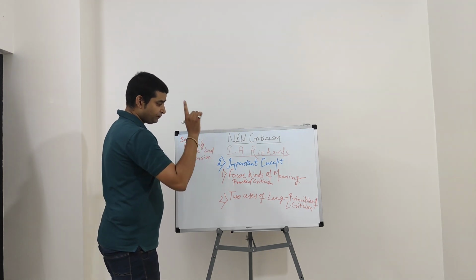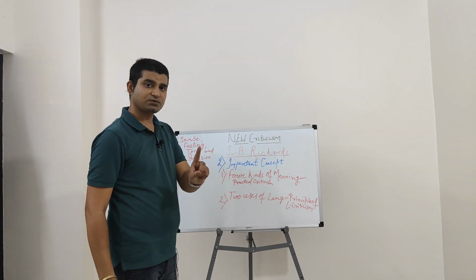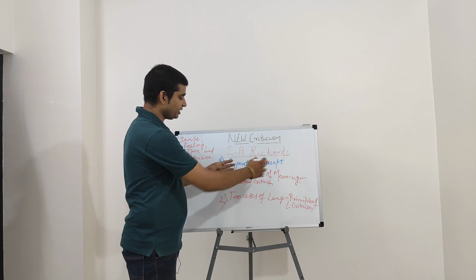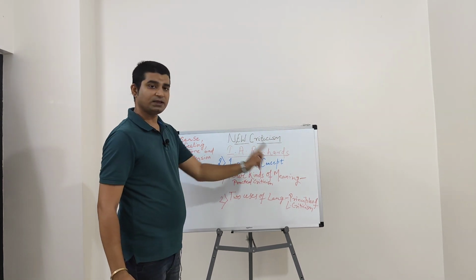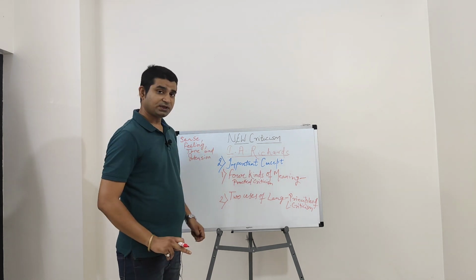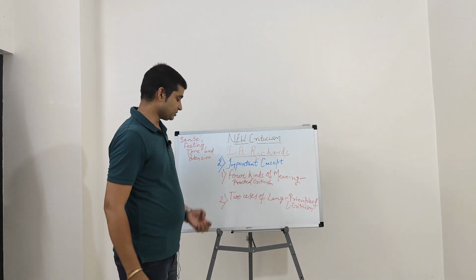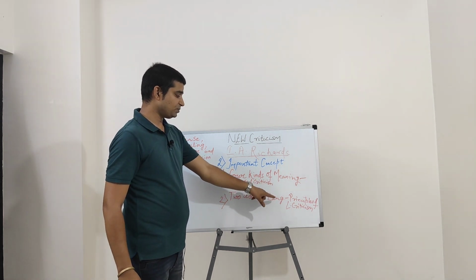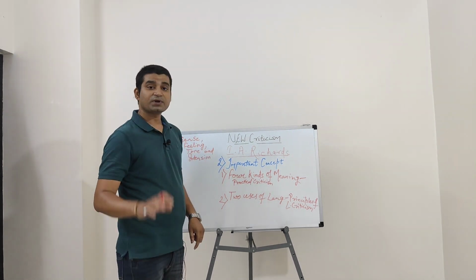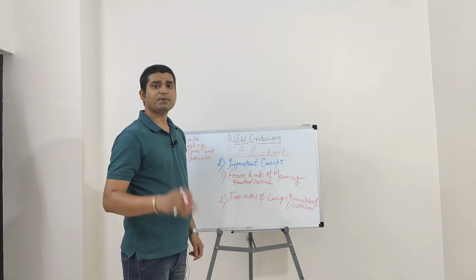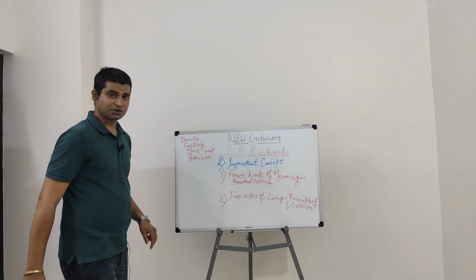Frequently asked in different examinations: first, four kinds of meaning or two uses of language was a concept given by I.A. Richards. Second, four kinds of meaning was given in which work? It was given in Practical Criticism. Two uses of language was given in which work? Principles of Literary Criticism. Another important question is what are the four kinds of meaning: sense, feeling, tone and intention.